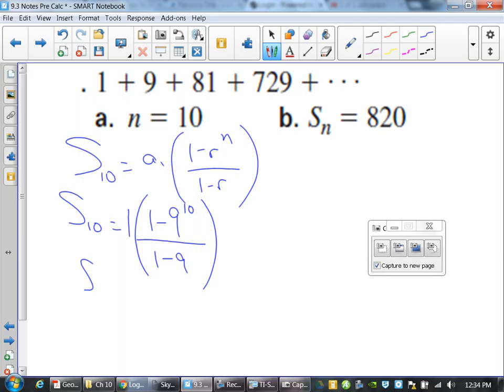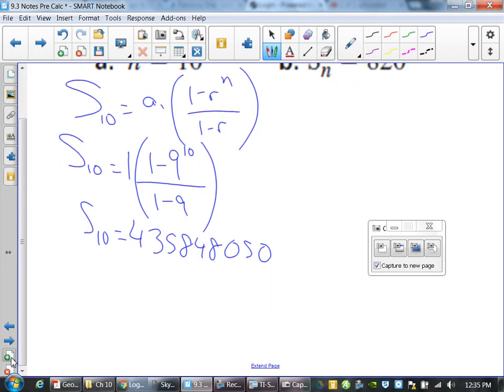So the sum of 10 of them is how many? A lot. Good answer. $435,848,050.